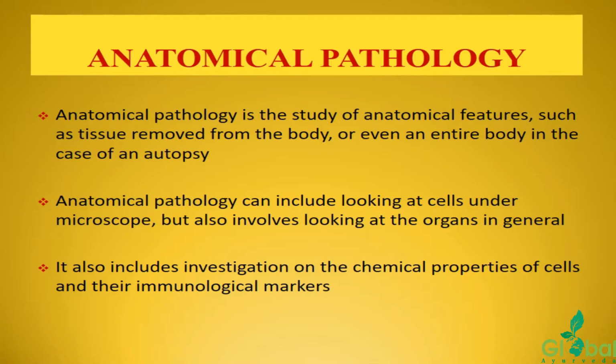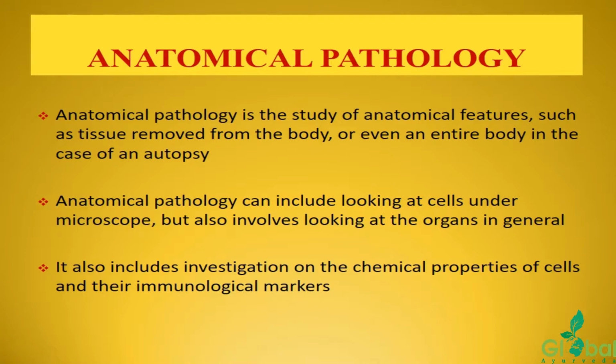It also includes investigation of the chemical properties of cells and their immunological markers. So microscopically and macroscopically, we look at what kind of chemical properties happen to the cells, and if any chemical changes happen, we find them through the presence of immunological markers.